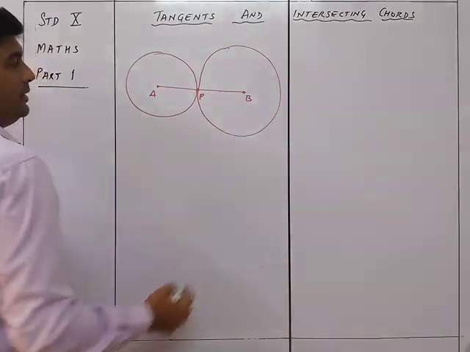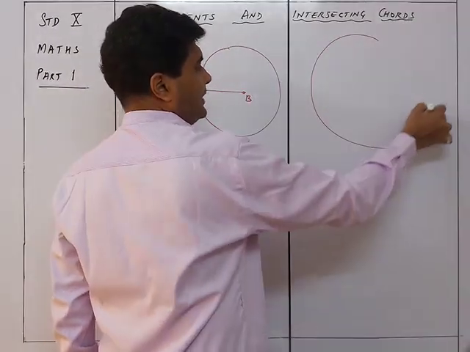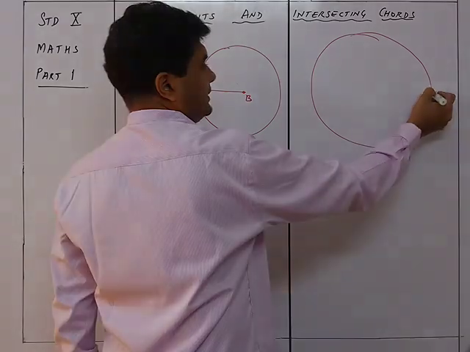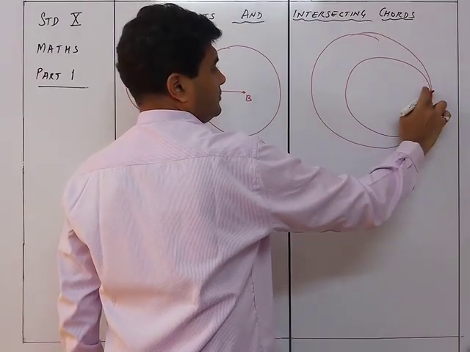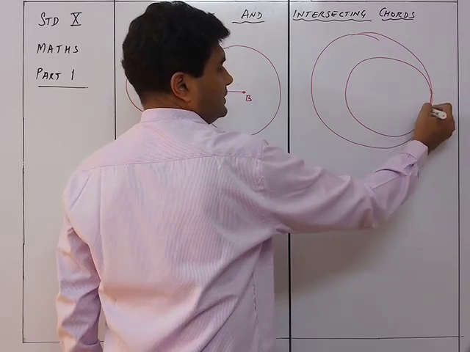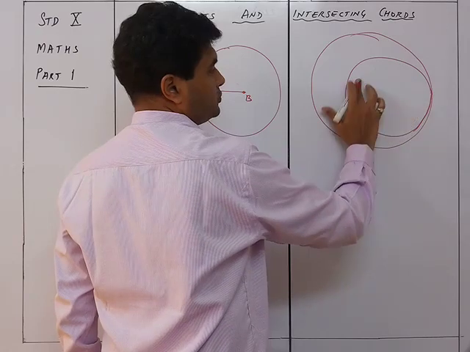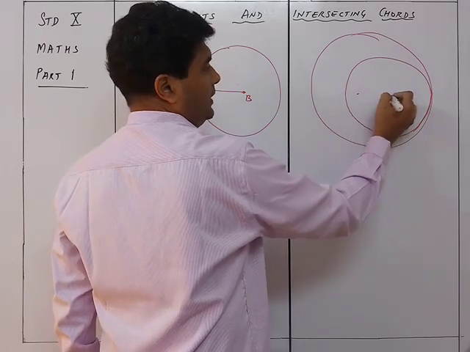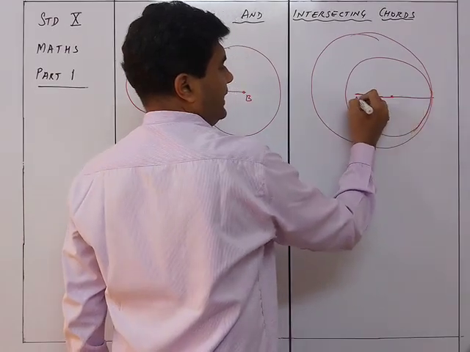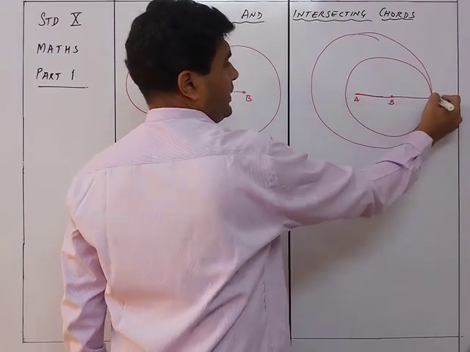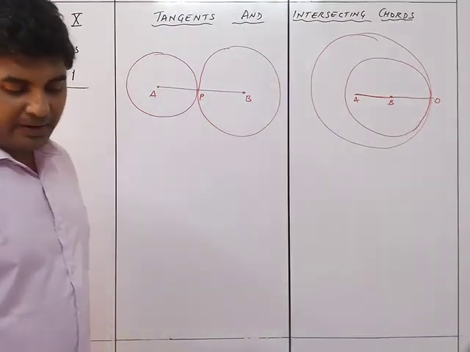Similarly, I can have two circles like this, where you have one circle like this and the other circle is like this, and you have this bigger center over here and the smaller center over here, and this will be point A, this is point B, and this is point O. Okay, so this is the next part.